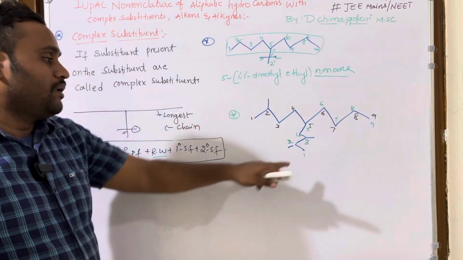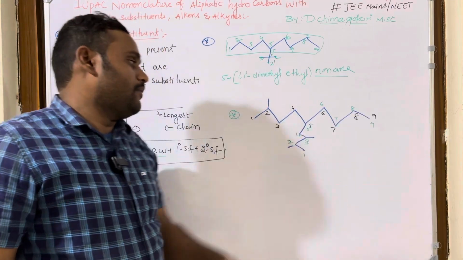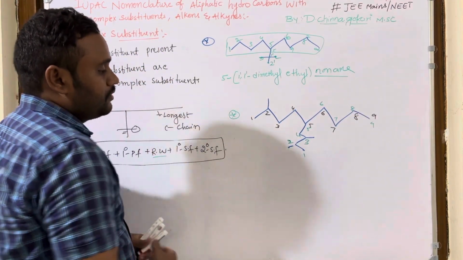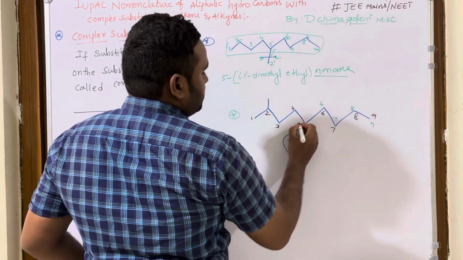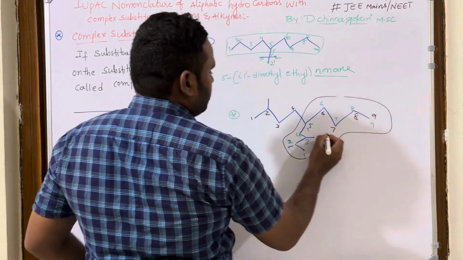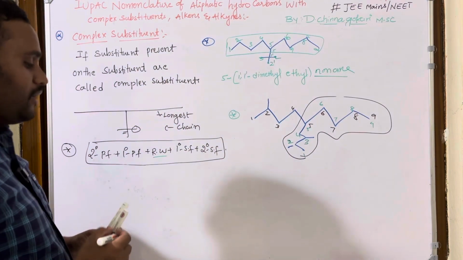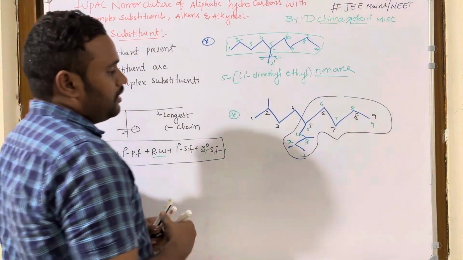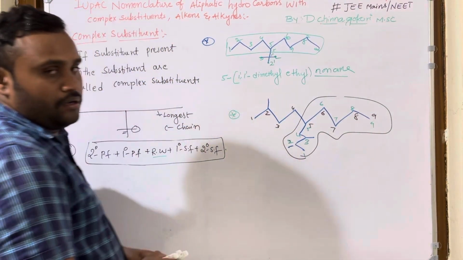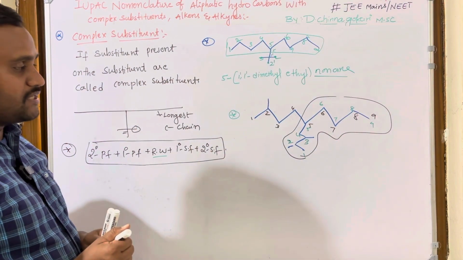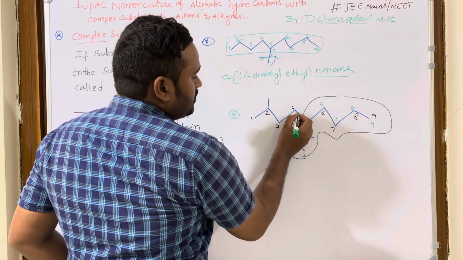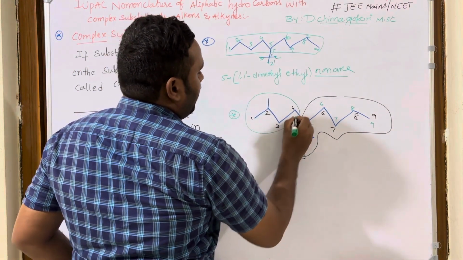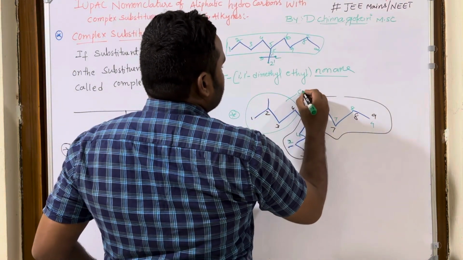So this is the main carbon chain, 9 carbon atoms are there. Now here it is the substituent. Let us name this compound. This one is not included in the longest carbon chain; it is the substituent.